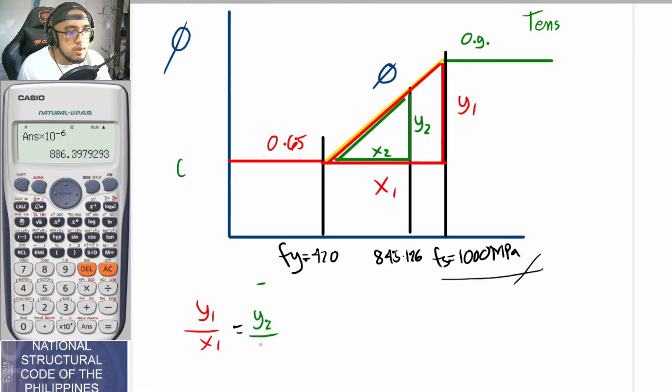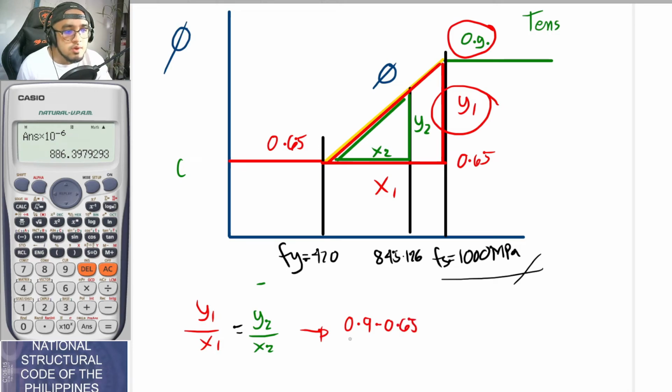So substituting known values, for your Y1, Y1 is equal to 0.9 minus 0.65. So we will be dividing this by the run. So the run is equal to 1000 megapascal minus 420. So 1000 minus 420. And this is now to be equal to, so where was I again? So Y2.